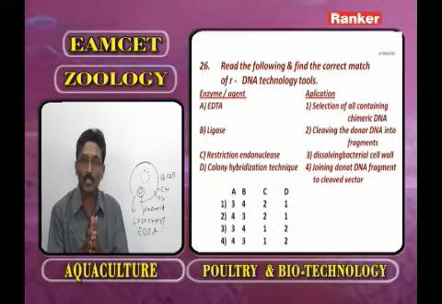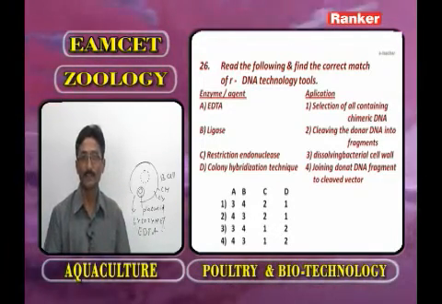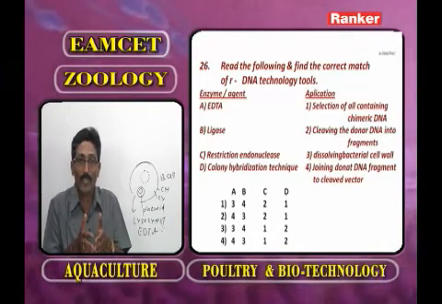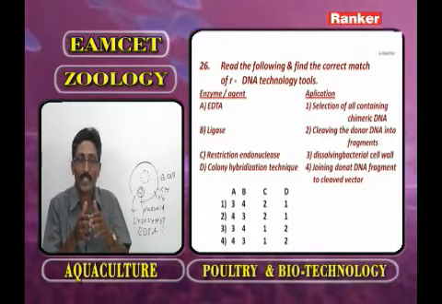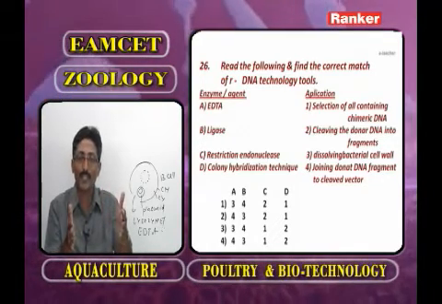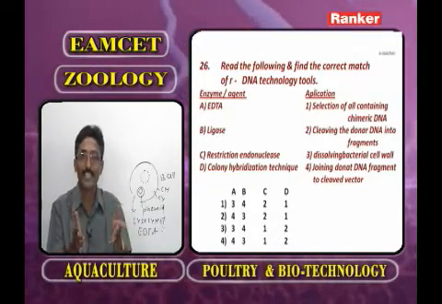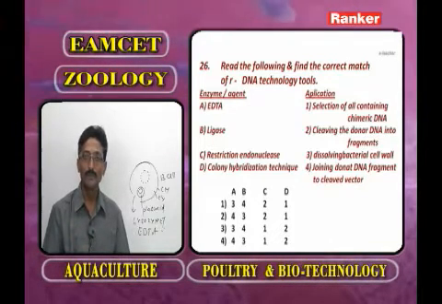Because of the restriction endonuclease enzyme, we are getting the sticky ends. Whenever we are going to get the sticky ends, the restriction endonuclease enzymes cleave the DNA at a palindrome sequence. Now colony hybridization.